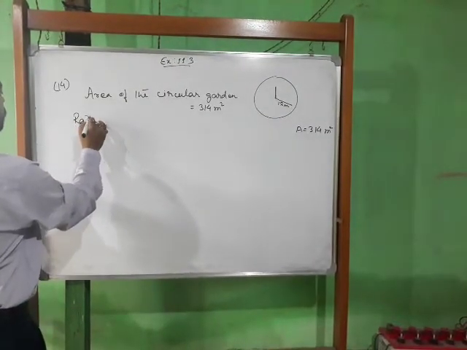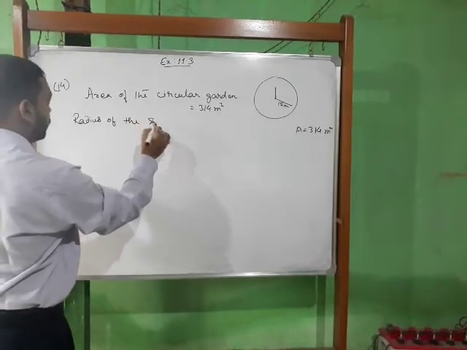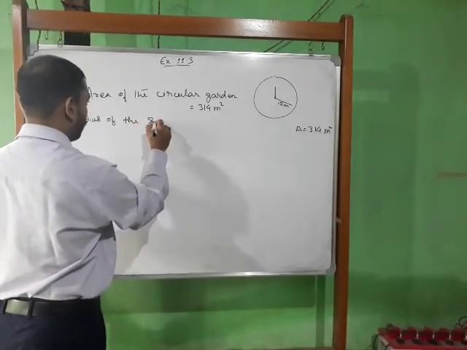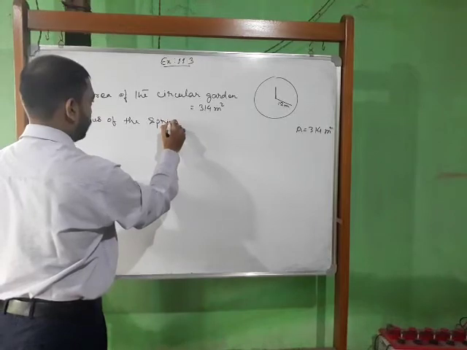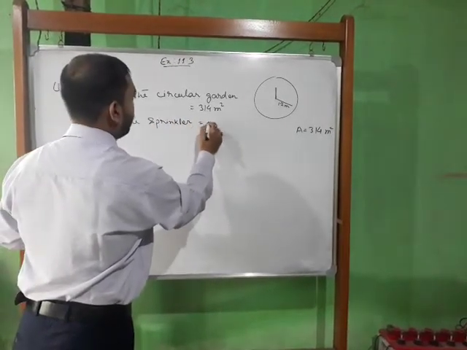The radius of the sprinkler is given as 12 meter.